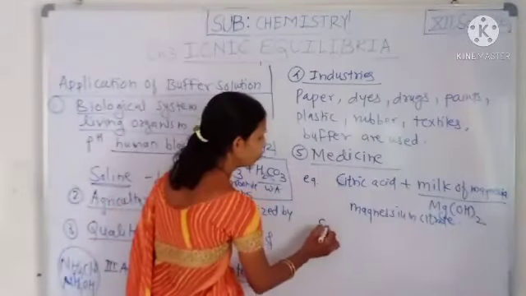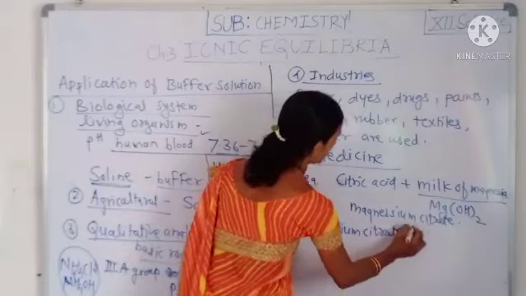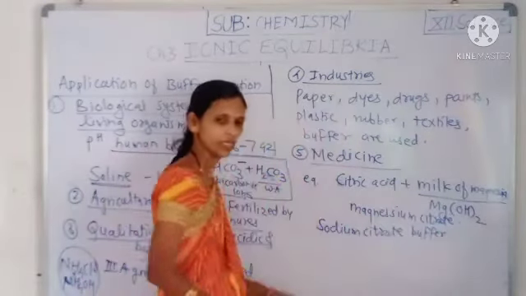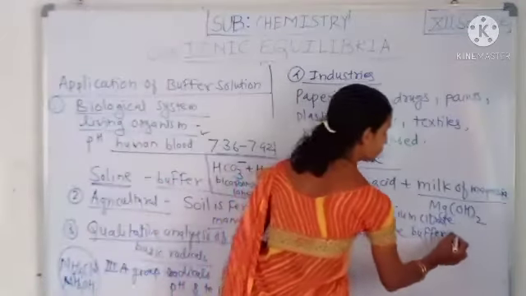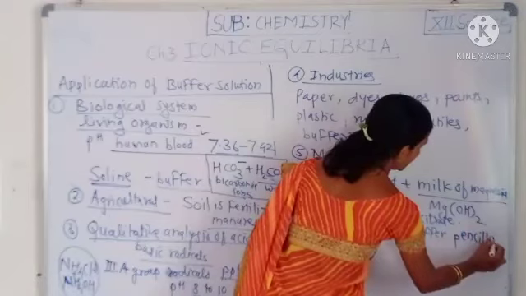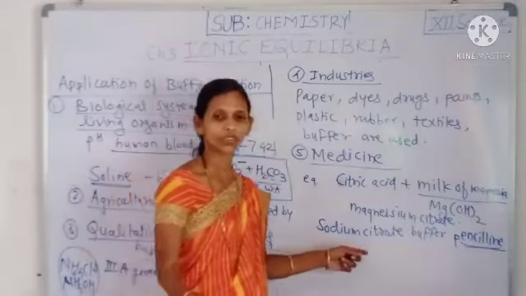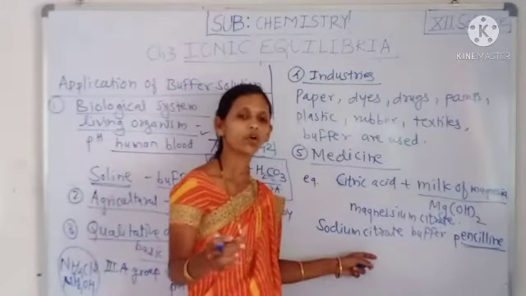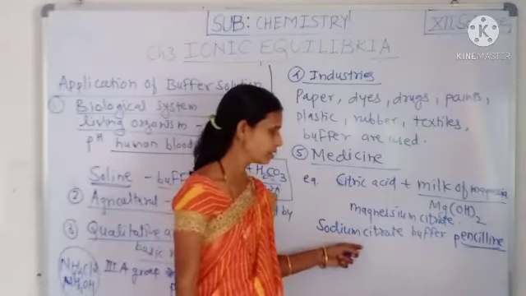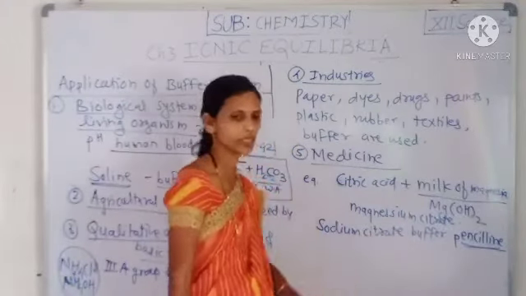Then sodium citrate buffer is used in the preservation of penicillin. Penicillin is a drug which is used for different types of diseases. Penicillin is preserved in sodium citrate buffer.